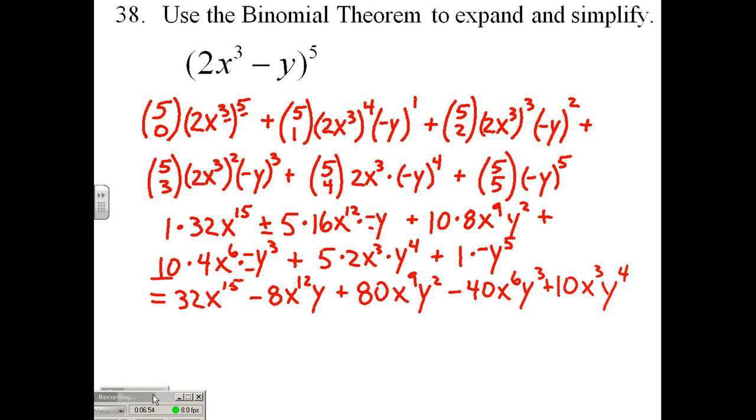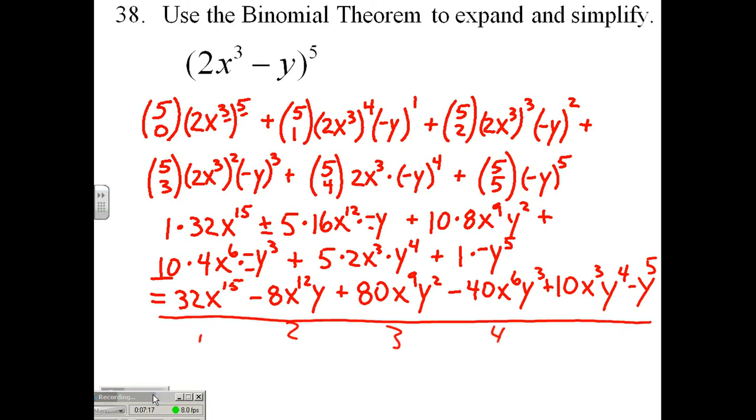And I need a little wider smartboard. And my final term, plus times minus, minus y to the fifth. So there is our fifth degree expansion. Notice we end up with 1, 2, 3, 4, 5, 6 terms, not just 5 terms. Okay.